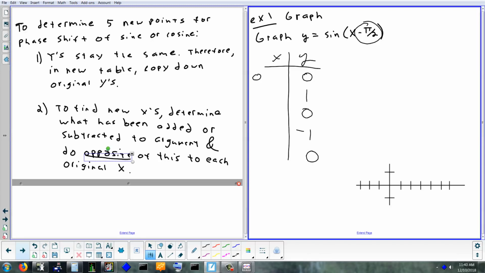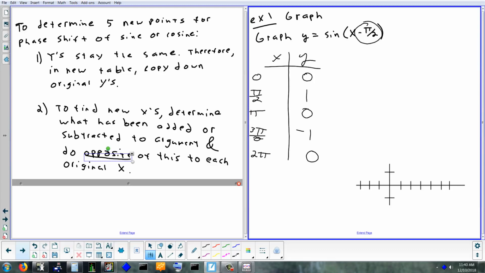What's my next x value for the originals? Pi over 2. Yep, third one, pi. 3 pi over 2. That's the fourth one. And the last one, 2 pi.